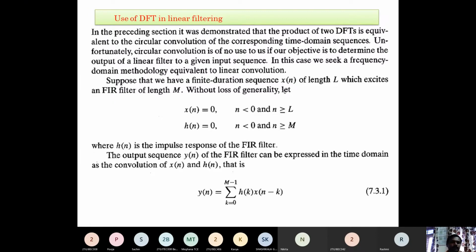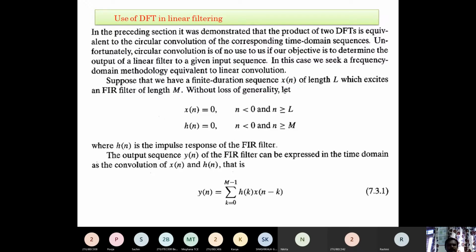In those examples, both signals, whether x1 and x2 or x and h, were provided with the same size. All the examples in the previous session had 4 points, n is equal to 4.